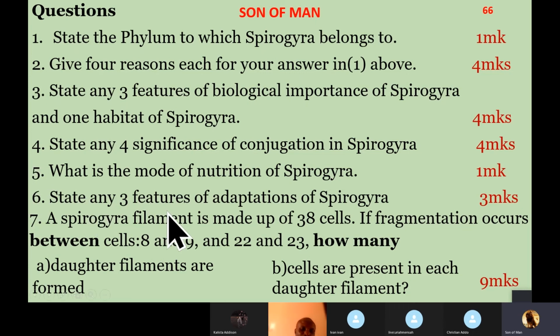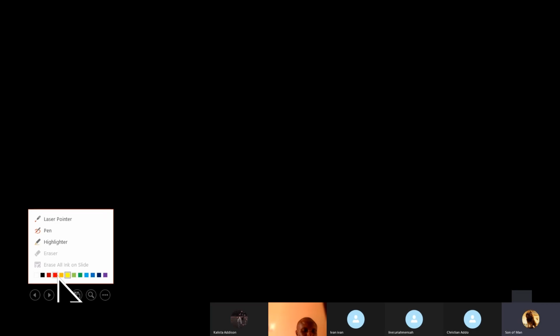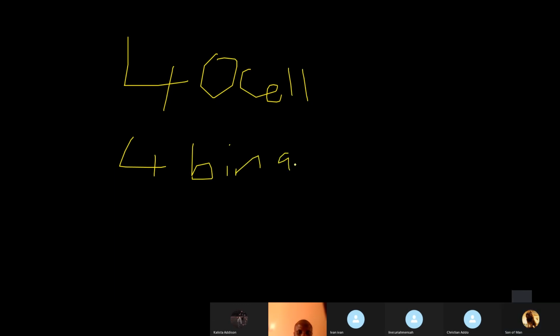So let's say a Spirogyra filament is made up of 40 cells. Out of these 40 cells, 4 did undergo binary fission. So 4 cells out of the 40 did undergo binary fission.